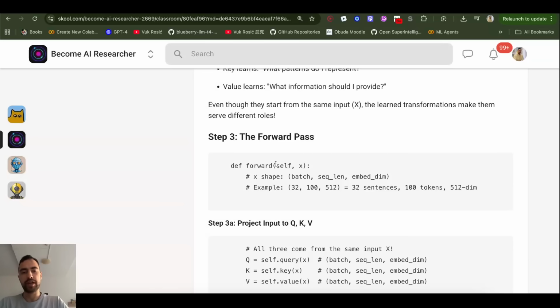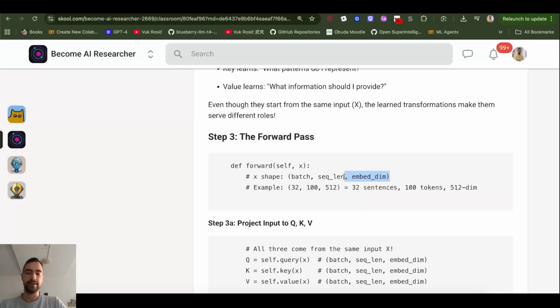If we scroll down a bit, we can see a classic example in a large language model where you have sequence length, which is just your conversation, your words. So your context window when you talk to ChatGPT. And batch means there are multiple context windows, multiple independent conversations. And every token in that sequence is represented with a vector.